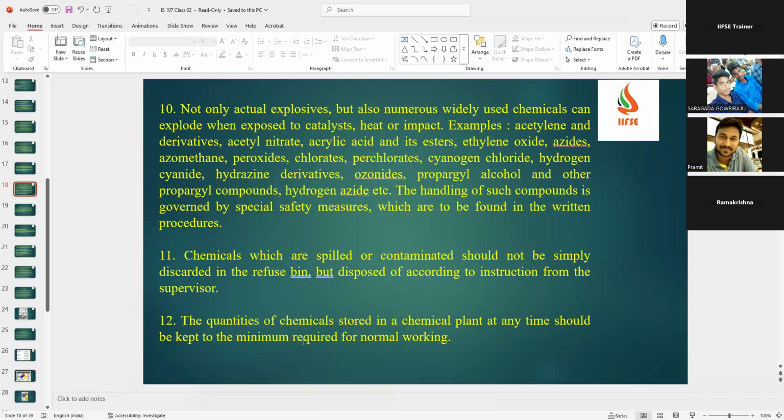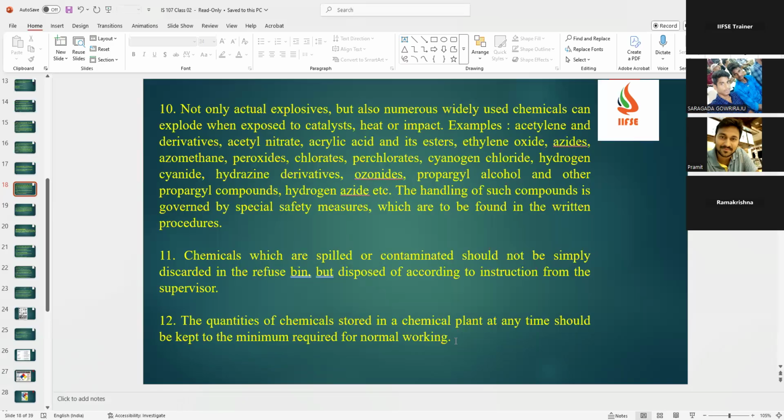Then regarding point number 12, it is also a legal requirement. So, the minimum inventories: when you talk about MSIHC rules, in the schedules, we have schedules 1, 2, 3. In the schedules, they clearly mention that a specific chemical should not exceed a given quantity; for some chemicals you should not exceed even 1 kilo.